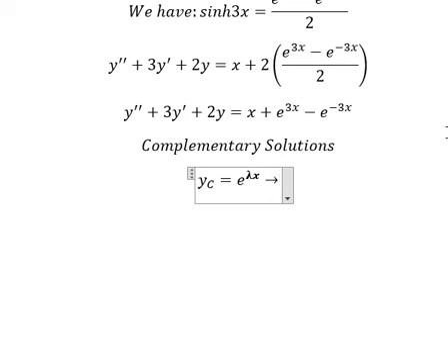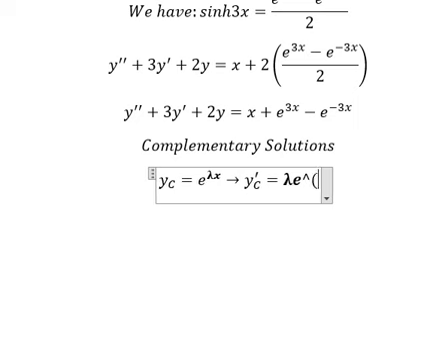Later that we need to find first the derivative of yc. And we have lambda e to the power of lambda s. Because if we do first the derivative of this one, we keep the same e to the power of lambda s. Later that we need to do first the derivative of lambda s.